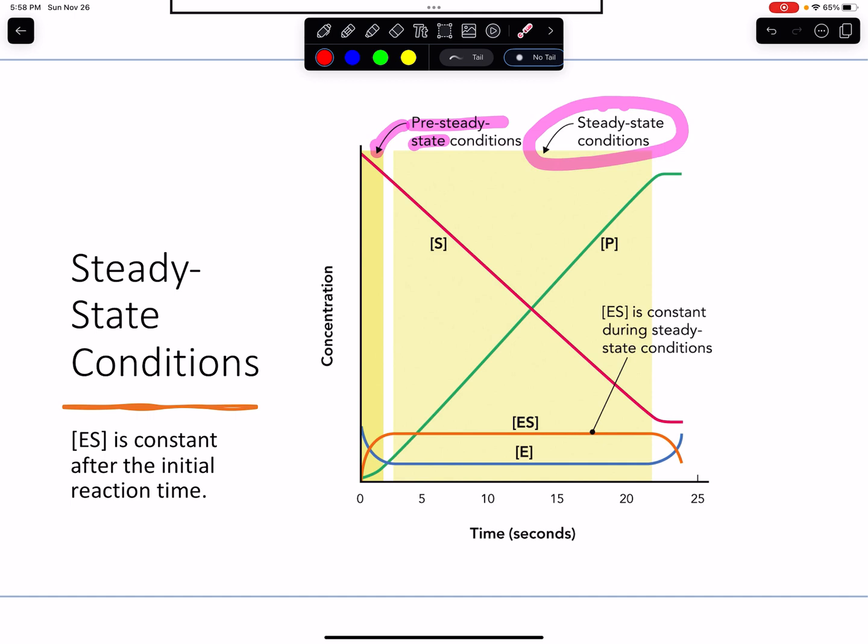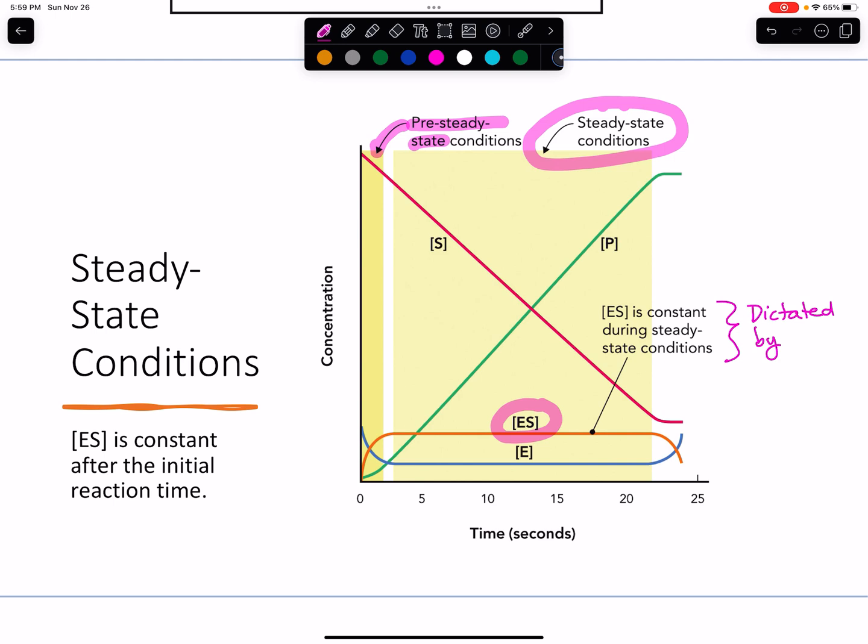So the amount of enzyme-substrate complex that I have when I am in the steady state region is going to be dictated by what? By the affinity the enzyme has for the substrate.